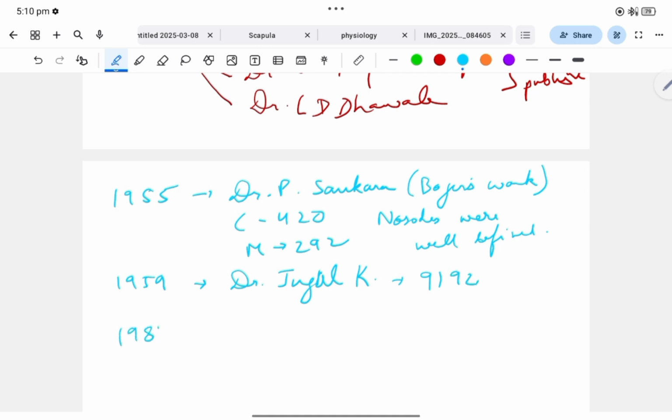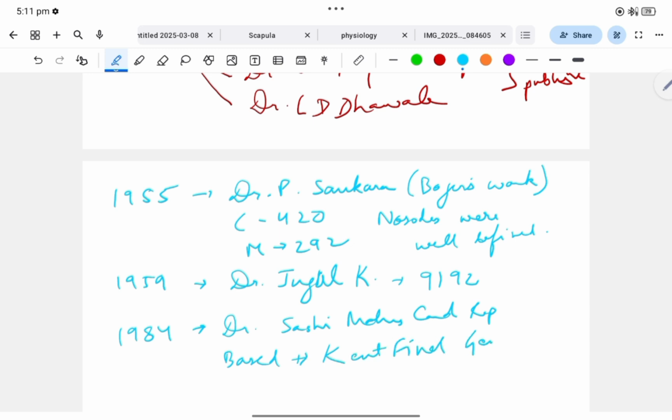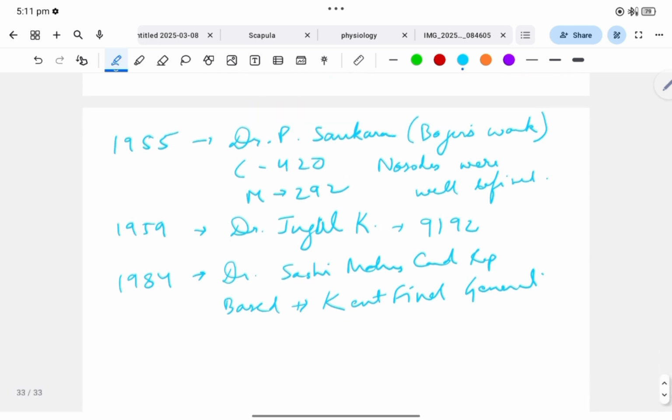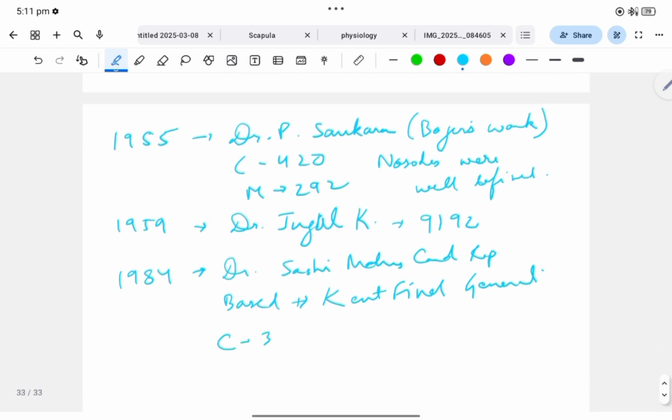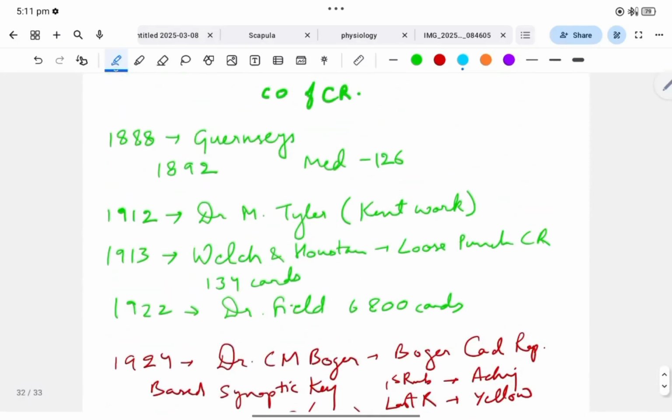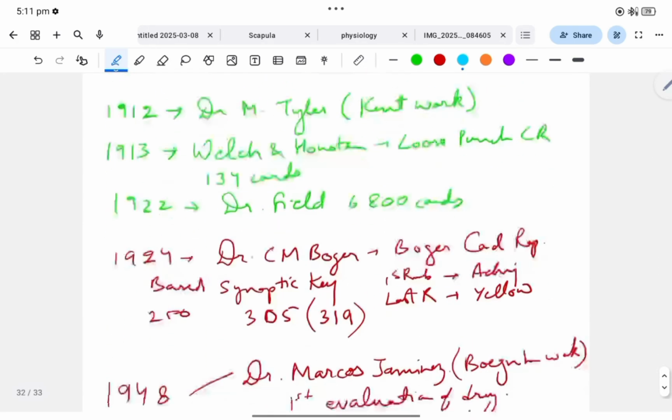Then in the year 1984, Dr. Shashi Mohan's card repertory came, which was based on Kent Final General. Total number of cards in this were 3000 and total number of remedies were 400. So this was the chronological order of card repertories. Thank you.